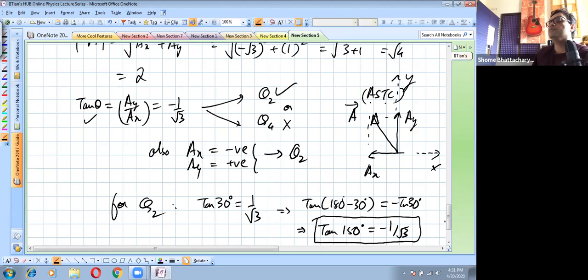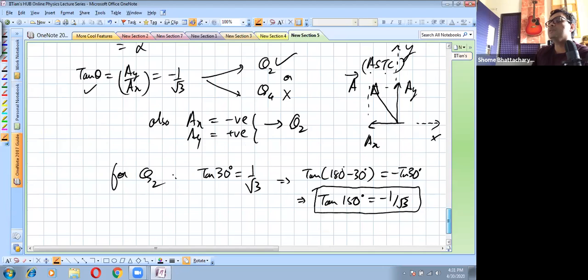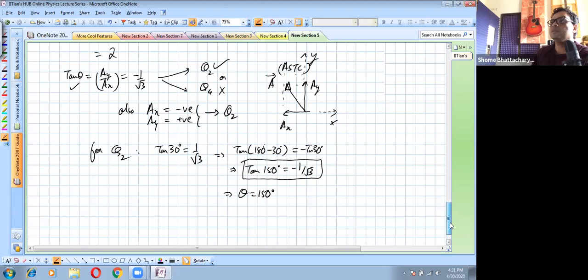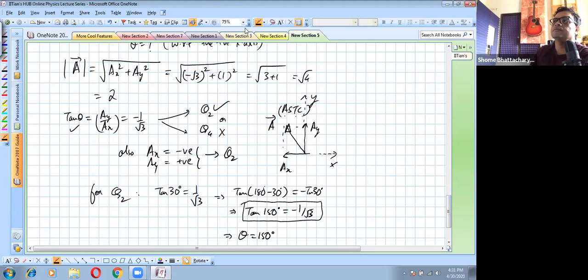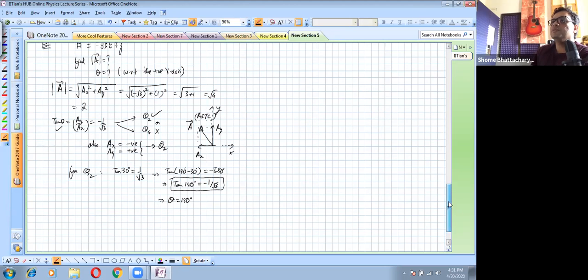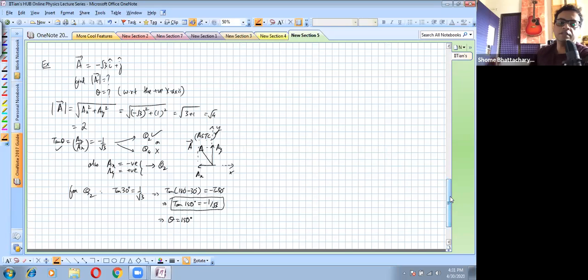Tan theta was minus 1 by root 3, and in second quadrant you know that tan 150 becomes minus tan 30 or minus 1 by root 3. So what is my theta from there? It is 150 degrees. So this becomes the solution for the angle, which is quite critical over here. This sort of thing we should be able to do without any difficulty. That's the main thing. Yes, Vaishnavi, you got the correct answer.